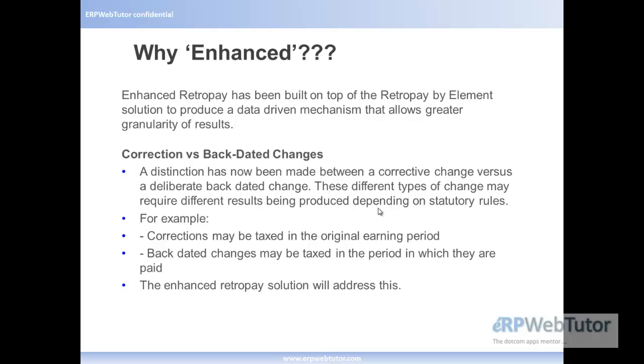The taxes that resulted because of the corrections have to be in the original earning period. Compare that with the deliberate backdated change, where the increased amount is actually earned in the current pay period, so the taxes are in the period in which they are paid. This enhanced Retropay solution will address this.